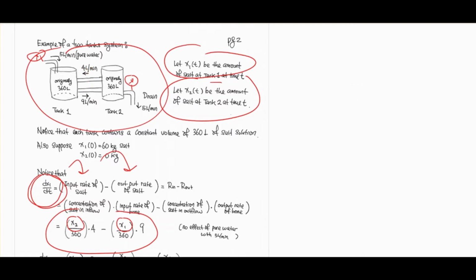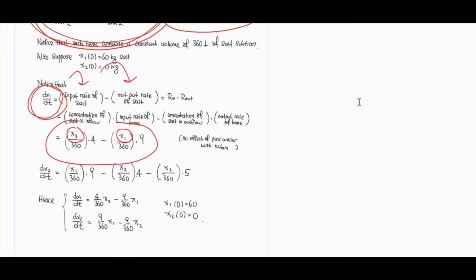They are not separate systems. They are one system, with a lot of interrelationship among them. If you write down the equation for dx2/dt, you can also see that it is not only involving x2, it also involves x1.